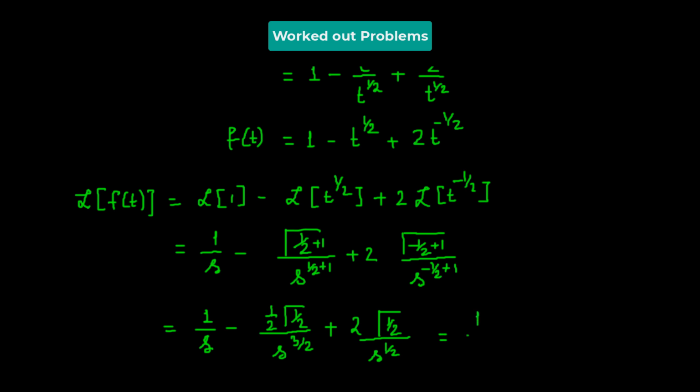So that gives us 1 over s minus, so we have gamma of half, which is square root of pi, divided by 2 times s raised to the power of 3 over 2, plus 2 times gamma of half, which is square root of pi, so we have 2 times square root of pi divided by s raised to the power of half, that is simply square root of s. So this is the required Laplace transform, which is going to exist for values of s greater than 0.